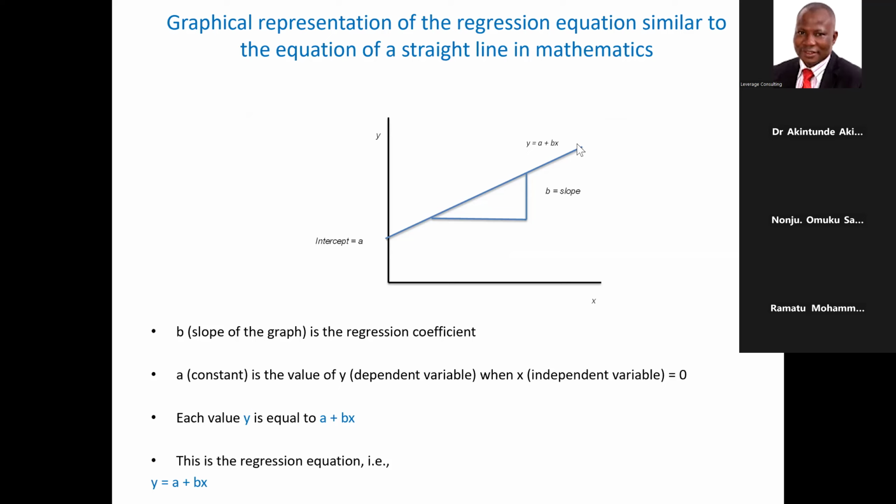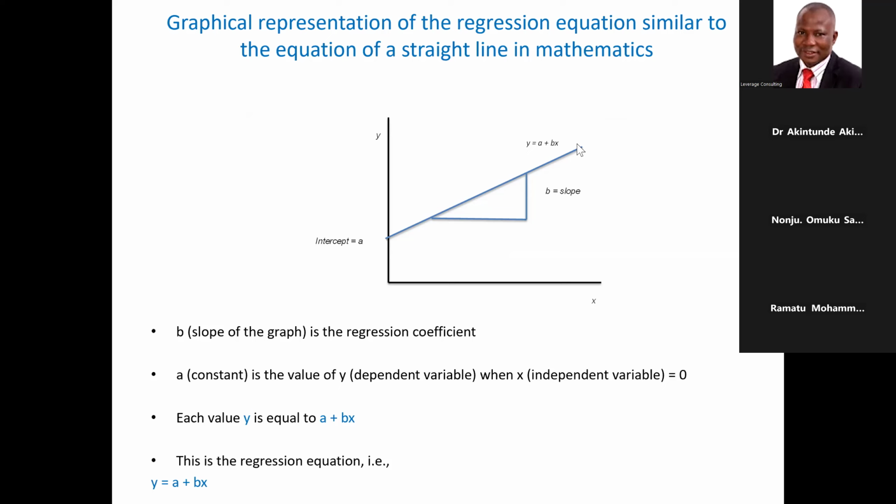That is, when x is not contributing anything, y still has a value. So in the relationship between x and y, when x is not doing anything, y still has value. It's just like if you have a relationship with somebody, and that person is responsible for your education.